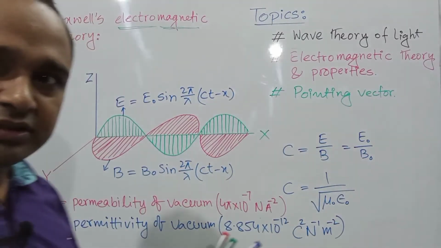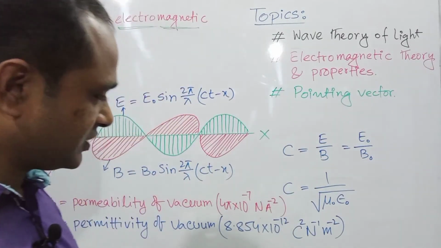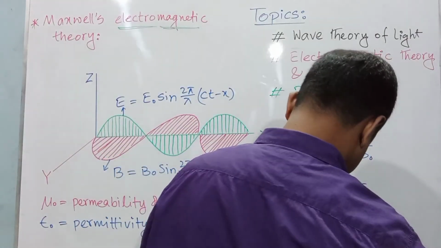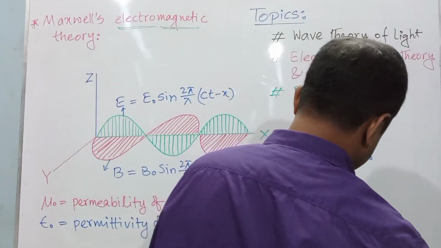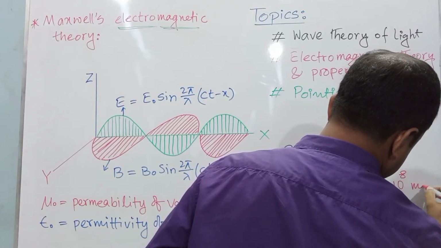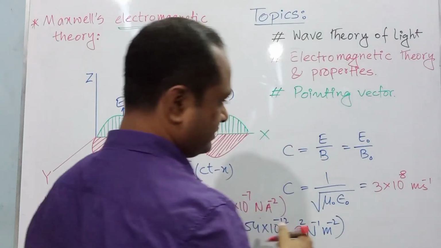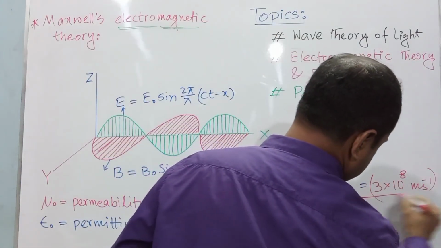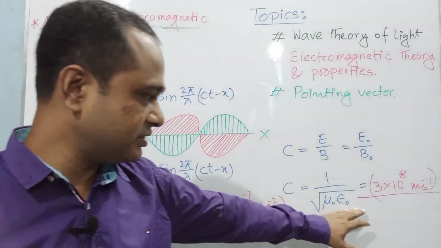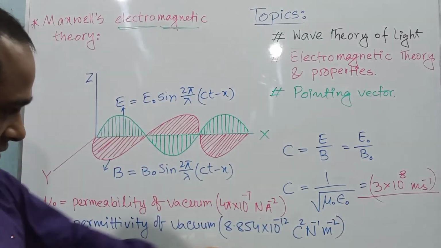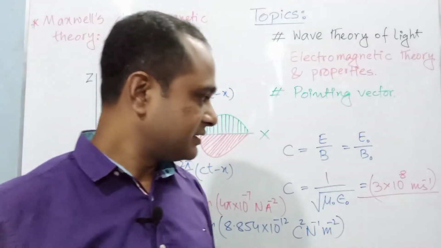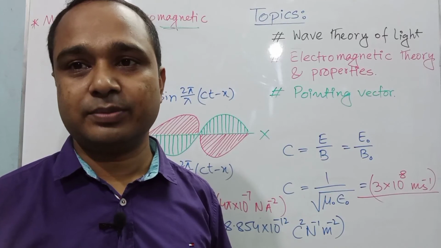So after using these two values in this equation, Maxwell found that the value of c is 3 into 10 to the power 8 meter per second. Dear student, the value of c obtained from this expression using these two values is exactly the value of the speed of light.